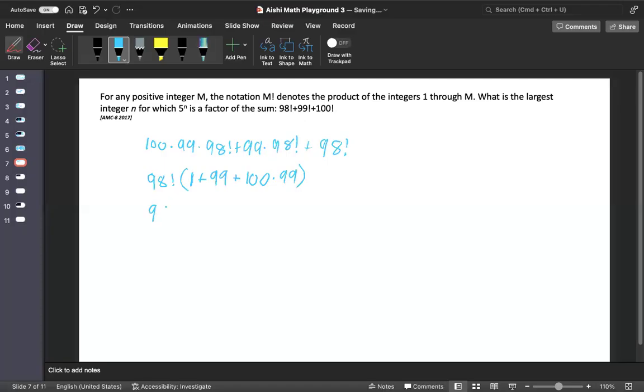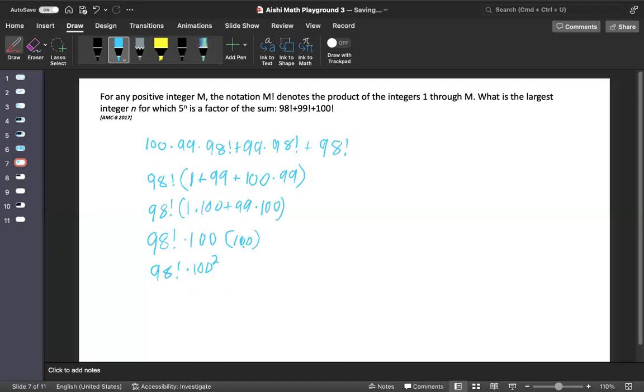So we can write this as 98 factorial times 1 plus 99 times 100. Now in here we can take 100 out common, so we get 98 factorial times 100 times 100, because 1 plus 99 is 100. So we get 98 factorial times 100 squared.